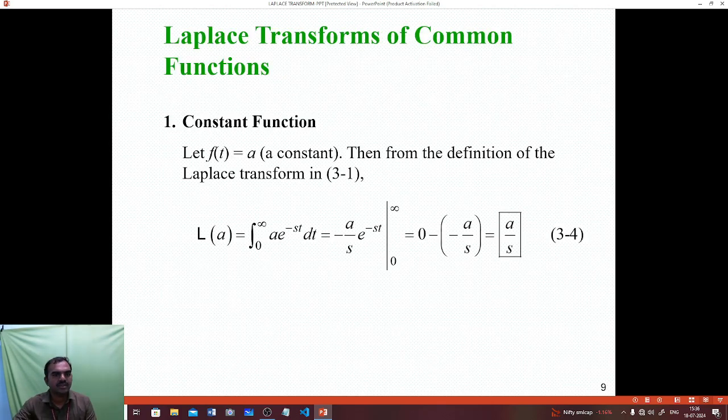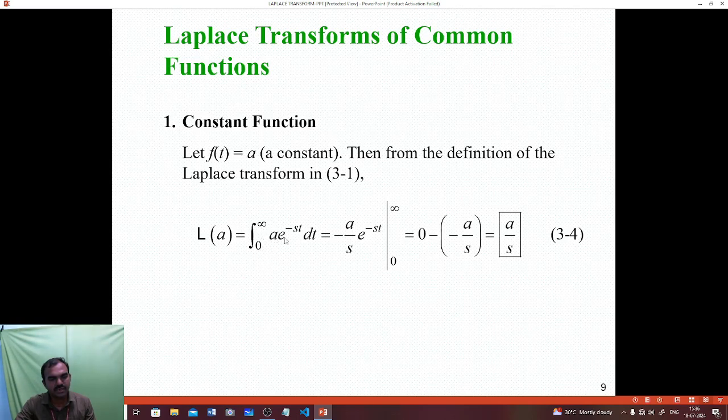Okay. So now, the Laplace transform of some common functions. First one, constant function. Let f of t equal to a, some constant. Then from the definition of the Laplace transform, first find L of a. So integration of 0 to infinity, what is our f of t?